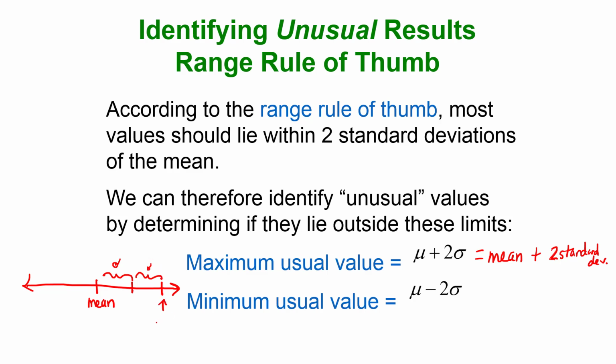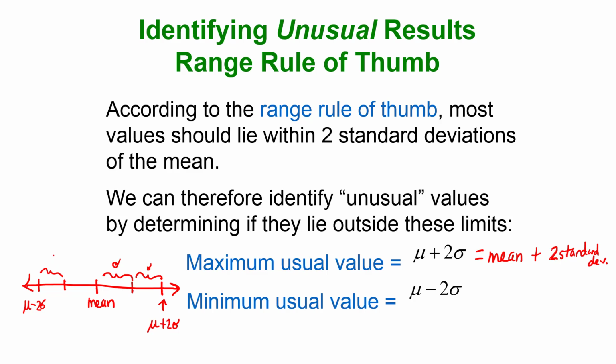But we're not saying that most of the data values are between the mean and that. We're saying within 2 standard deviations. So you also could go down as low as mu minus 2 sigma. And you can see why most of the data values take up most of the graph there.